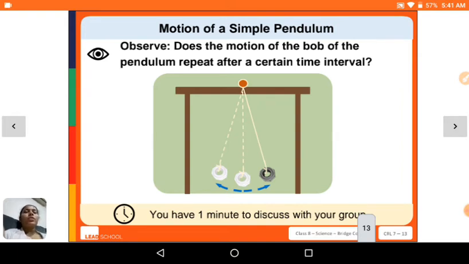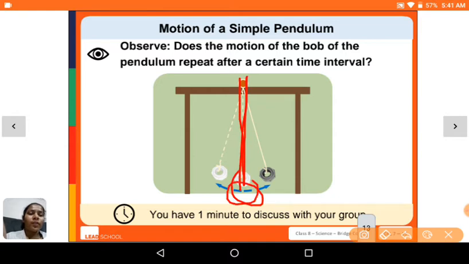Now, motion of a simple pendulum. Observe, does the motion of the bob of a pendulum repeat after a certain time interval? When you start a simple pendulum, you see that after some time the same motion repeats. First, the bob is at rest, it will be here.